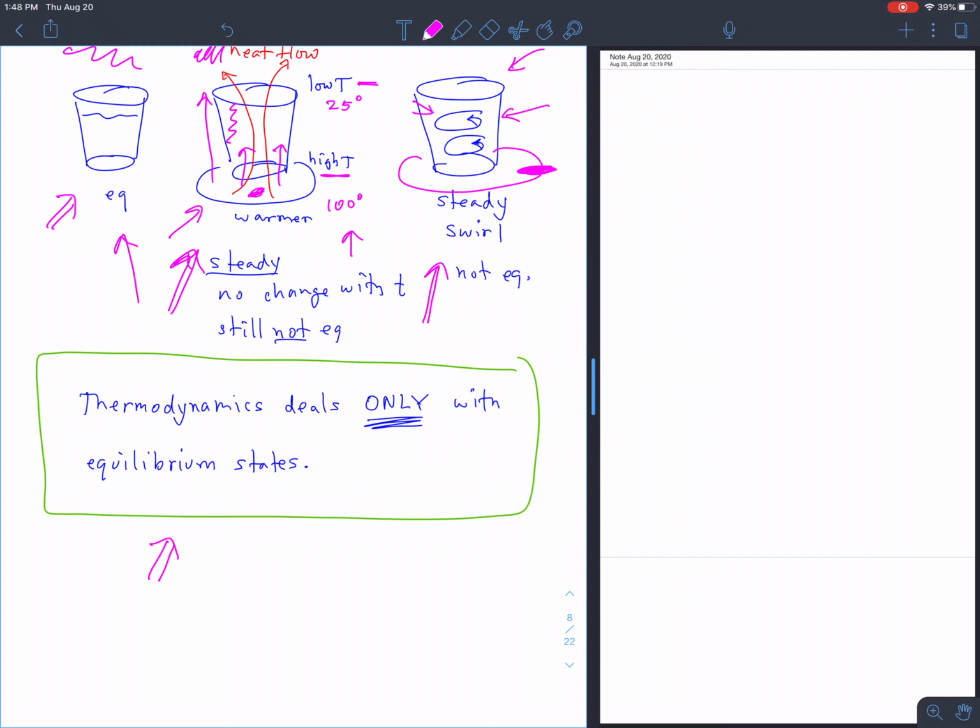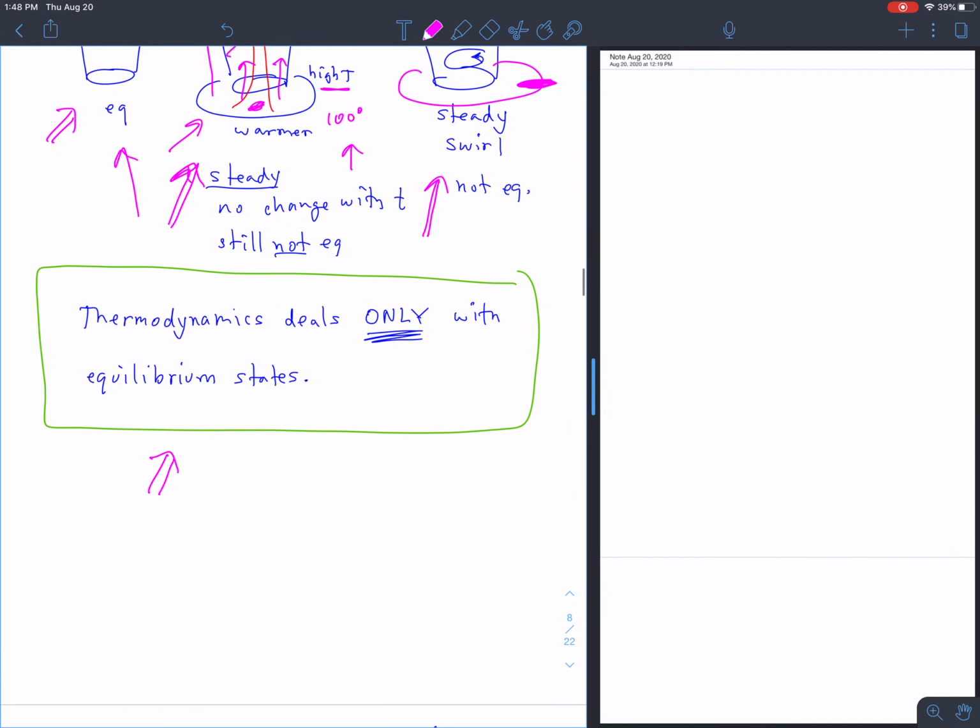So a chemical reaction, for example, that's ongoing, that hasn't reached equilibrium yet, even if it's ongoing at a steady pace, is not something that we can deal with in this first thermodynamics part of the class. Anything that's got a flow of matter, so in the case of a chemical reaction, the flow would be something like A plus B goes to C, right? The flow is from the reactants to the products.